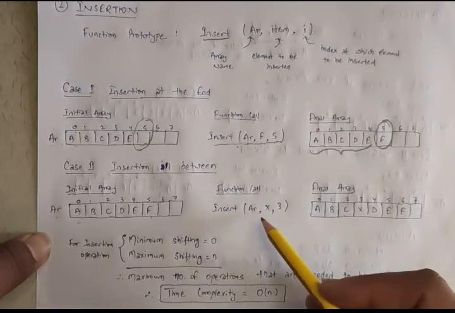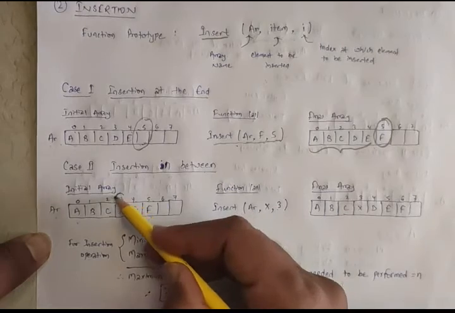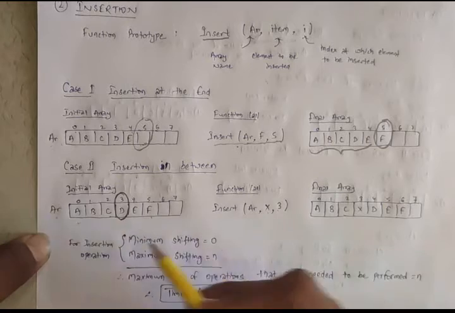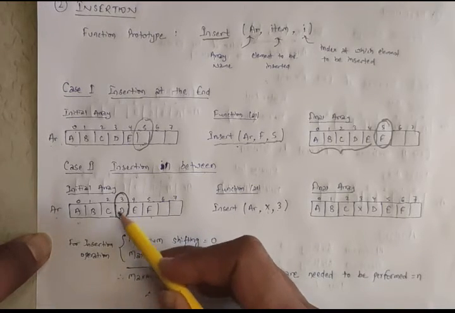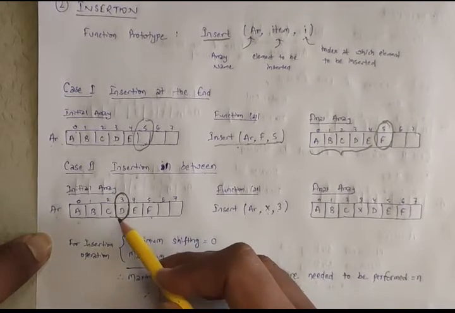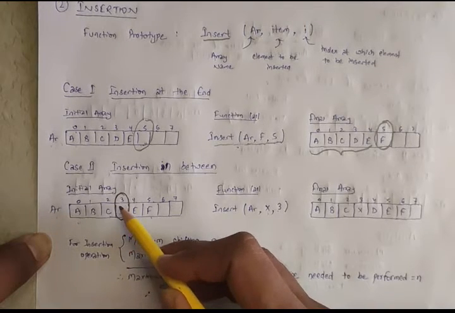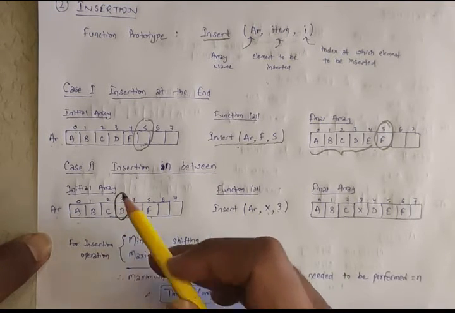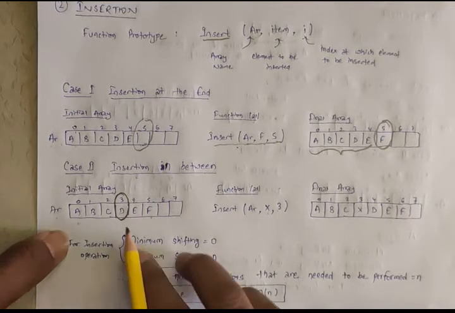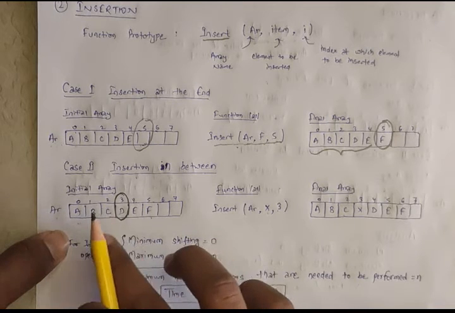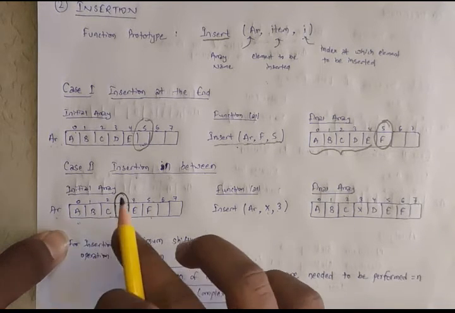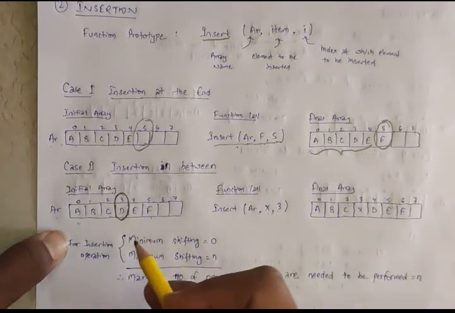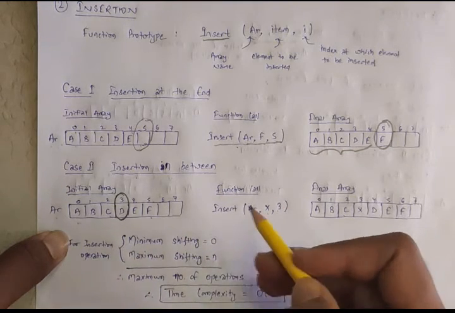The third index is this index. So we have to insert X at this place. But the problem here is that D is already stored at this location. So we should not hamper the array. All the elements stored in the array should remain, and this insertion should take place.